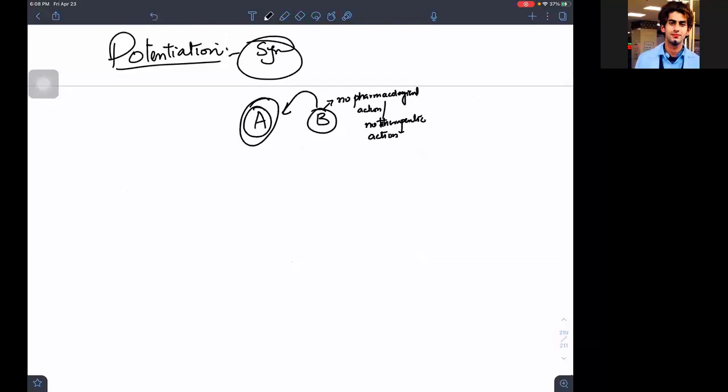For example, this potentiation is an example of me and you. The person who is teaching you is B, and my students are A. You people are great, you have enough potential, you are intelligent, you are hardworking.